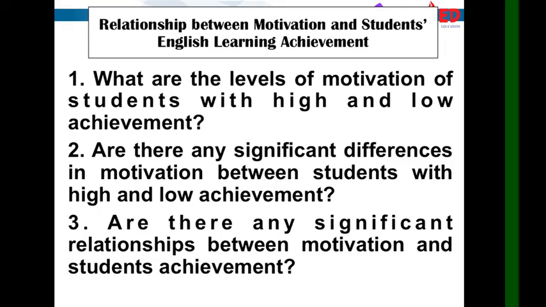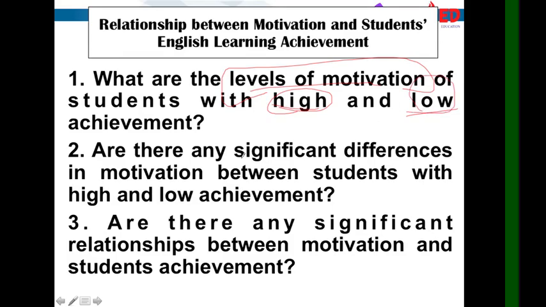Okay? Number 2, are there any significant difference in motivation between students with high and low achievement? So, after getting the level of motivation, okay? So, level ito, maaaring Likert scale ang ginamit niya, 5, 4, 3, 2, 1. And then, meron siyang high at saka low. Okay, low achievement. Maaaring nakuha na niya yung level of motivation ng mga high achievers at low achievers.